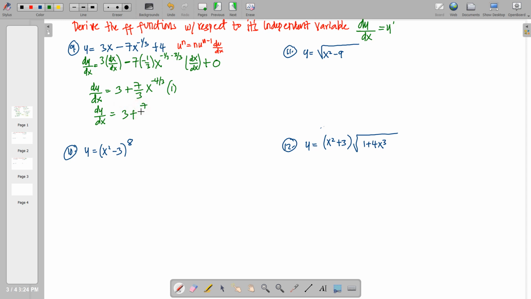So kapag may negative ka nasa taas, ibaba mo lang yan. So 3x raised to negative 4/3. So if you want, you can express that into radical sign. 3 plus 7 all over 3 cube root of x raised to 4. By the way, wala na ditong negative exponent kasi bumaba na siya. Okay, that is equal to 4/3.